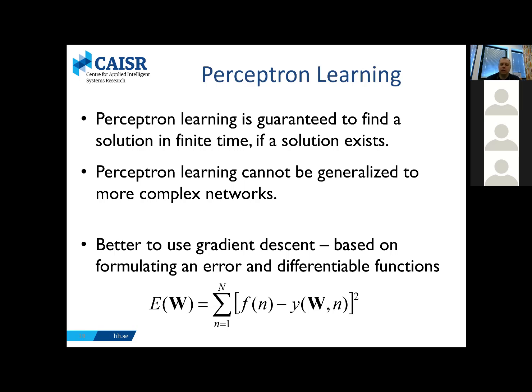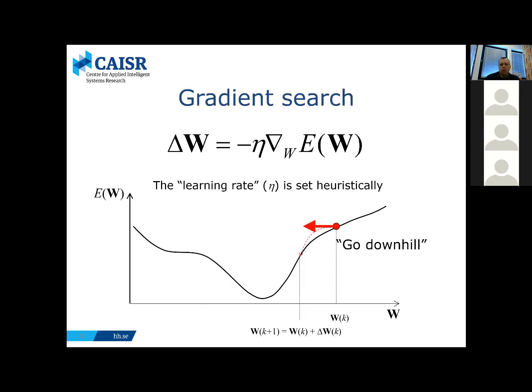Then we can calculate the gradient of this function. So then we can basically figure out how we should modify the weights so that the error decreases the fastest. Right?